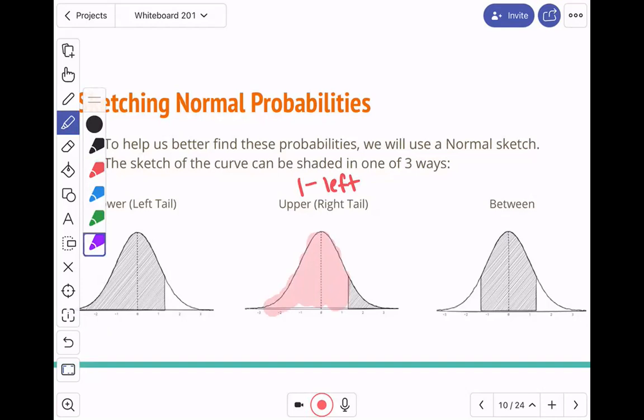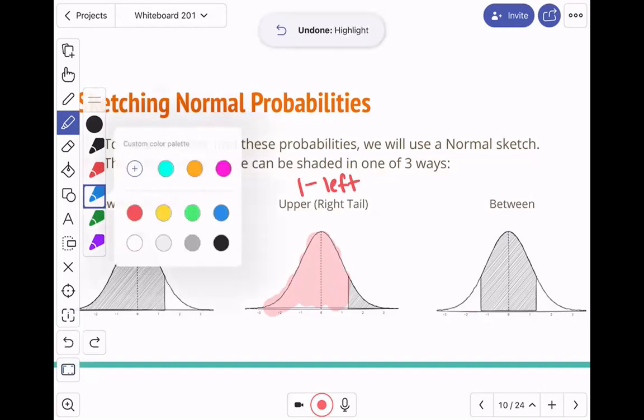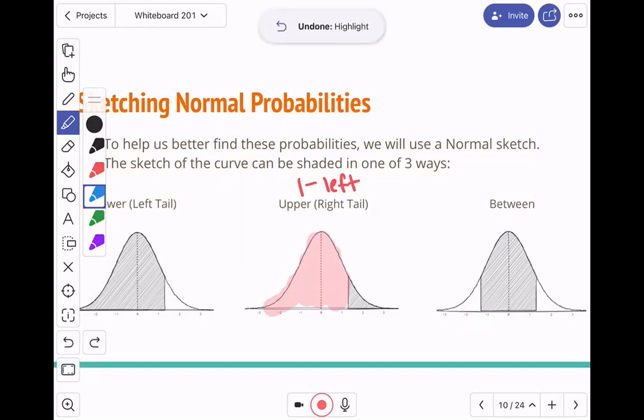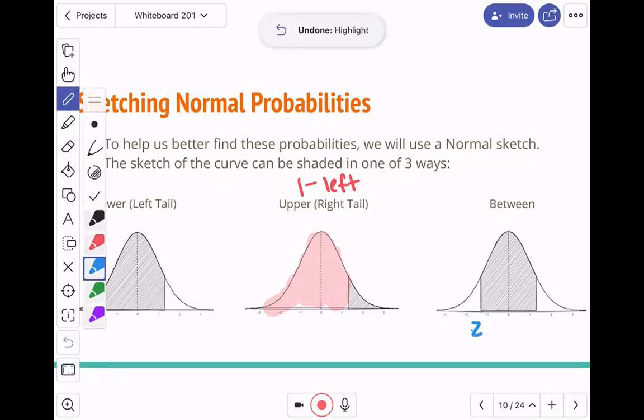And then in between, you're going to calculate using Excel. Let's say this value right here is Z1 and this value is Z2.